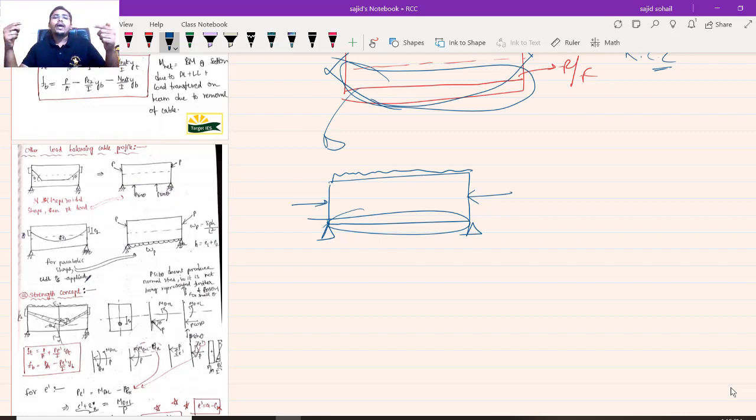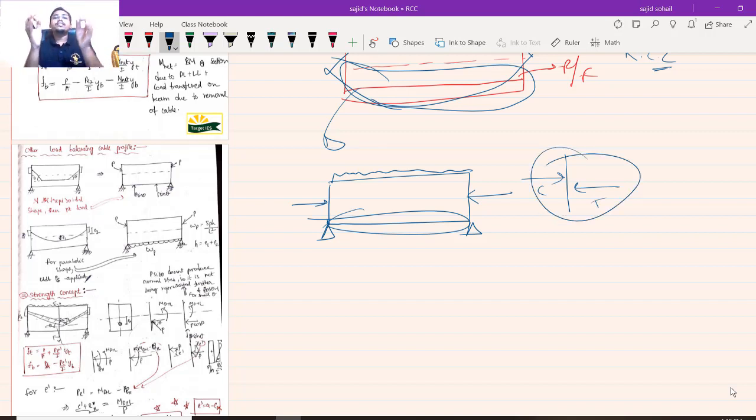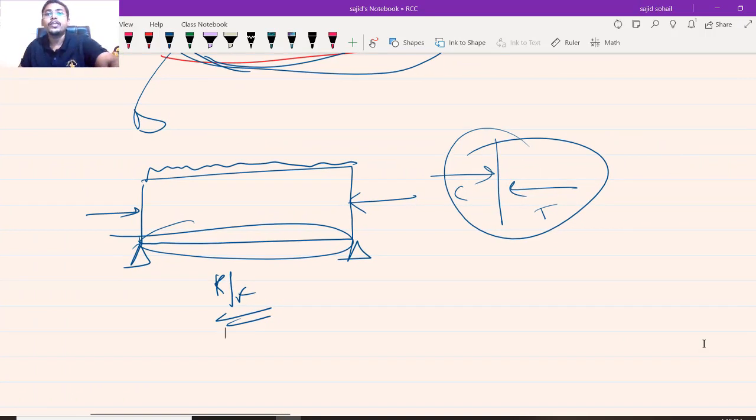So when I provide these compressive stresses, the tensile stresses and compressive stresses will nullify and my stresses will be within limit and my concrete will not fail. That means without providing any reinforcement, my concrete is safe if I am providing pre-stressing, right? I hope it is very clear for you.